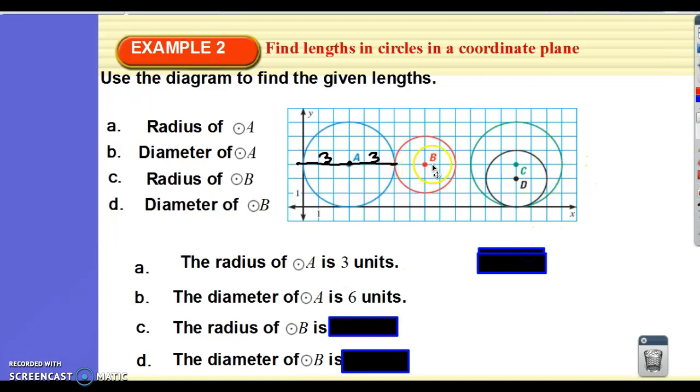The radius of B is 2 units. Try the diameter of B. What do you think it is? It is 1, 2, 3, 4, twice the radius. It is 4 units.